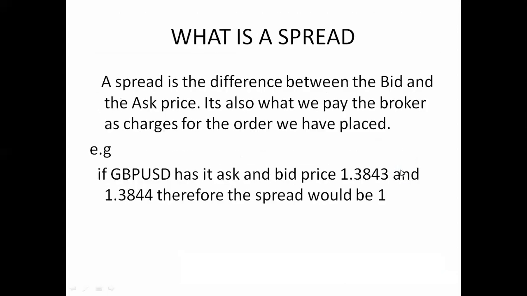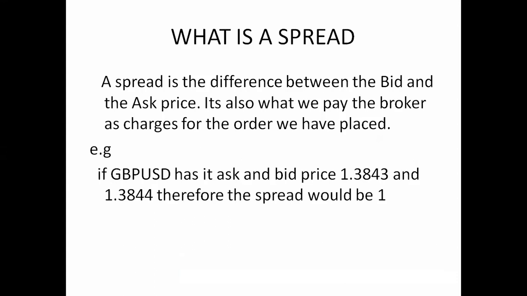So the next thing we have on our course outline is what a spread is. A spread is the difference between the bid and the ask price. Yesterday I told you guys that I'm still going to tell you how the brokers also get money from you. This is what they actually do.